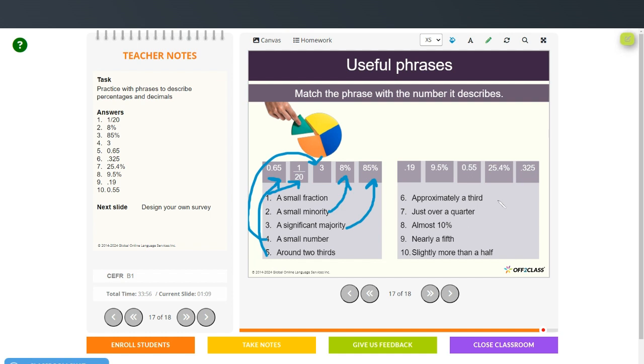Approximately a third would be 0.325. Just over a quarter, 25.4%. Almost 10% would be 9.5%. Nearly a fifth would be 0.19. And slightly more than half would be 0.55.